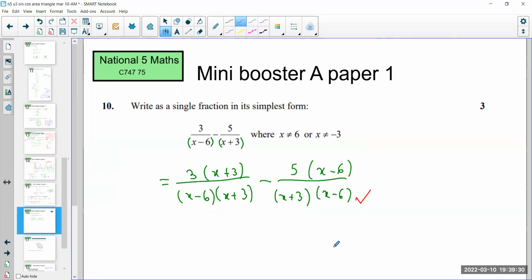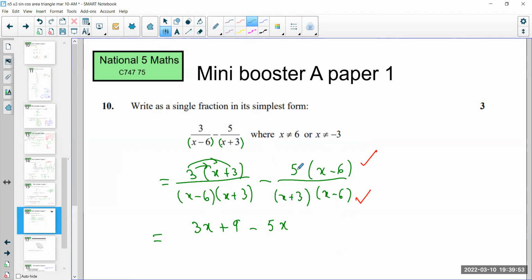Now your second mark is to write 3 times that minus 5 times that, mark number 2. Now, how do we get the last mark? We need to expand. 3x, what's 3 times 3? 9. Minus 5x.